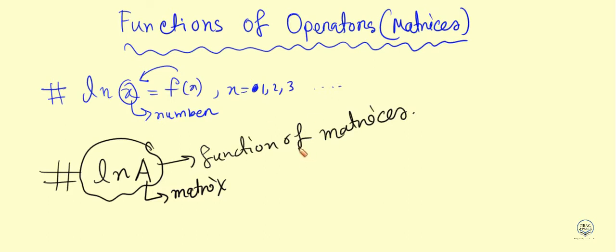And it might seem a bit weird at first because we are only used to taking functions where our arguments are in general some numbers, either real or complex, but they're numbers, right? And we never take any function where the argument comes in the matrix form. So these are the things that we're going to discuss in this video. So let's get started.